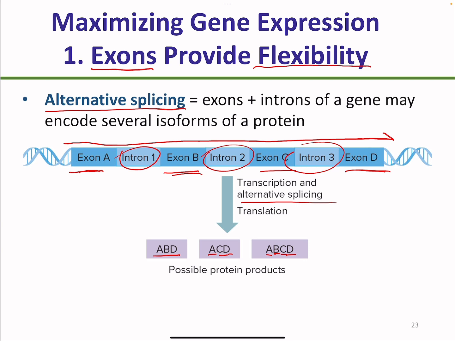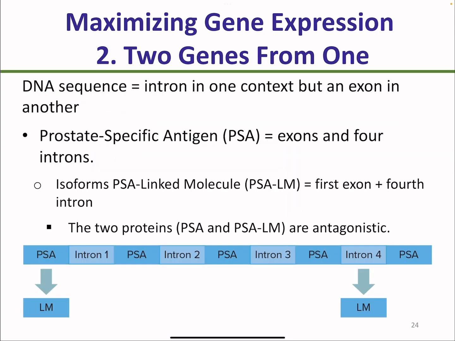From one single gene, we have 3 proteins shown here. But guess what? We could have much more. But let's move on. This actually shows you the power of alternative splicing in producing a wide diversity of proteins.